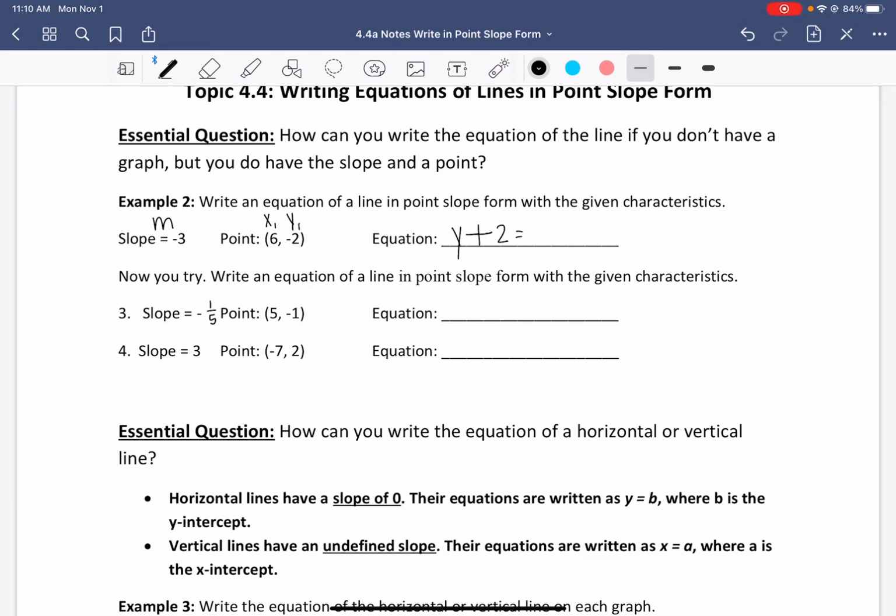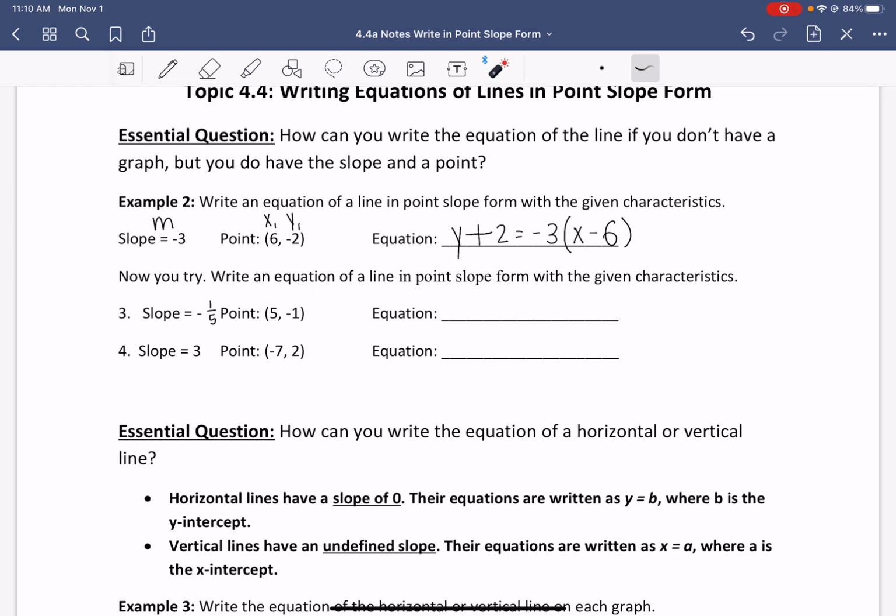I hope that's not too confusing, but you don't want it to be minus a negative. That's a lot going on, so you want to make sure that you just put a positive, because that's the same thing. When you subtract a negative, it's the same thing as adding. Our slope is negative 3, and then x minus our x1, which is 6. So again, notice how our x and y values change their sign, quote unquote.